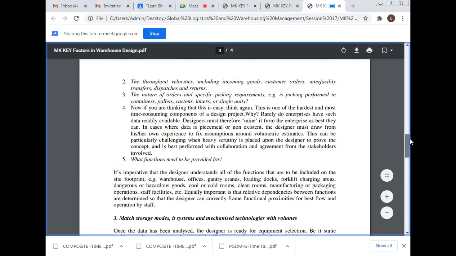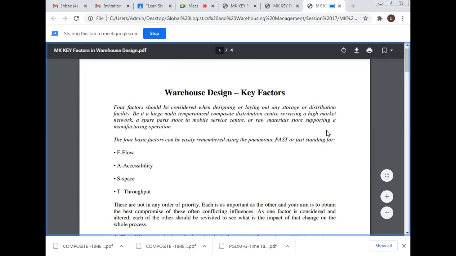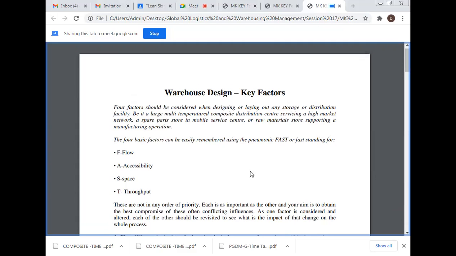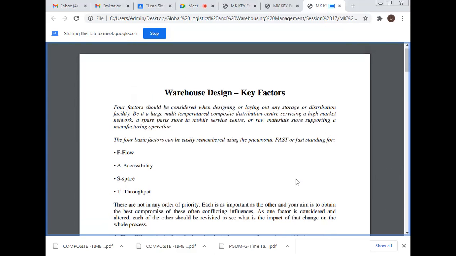Hence, these are the key factors for the designing of the warehouse: flow, accessibility, space, and throughput.